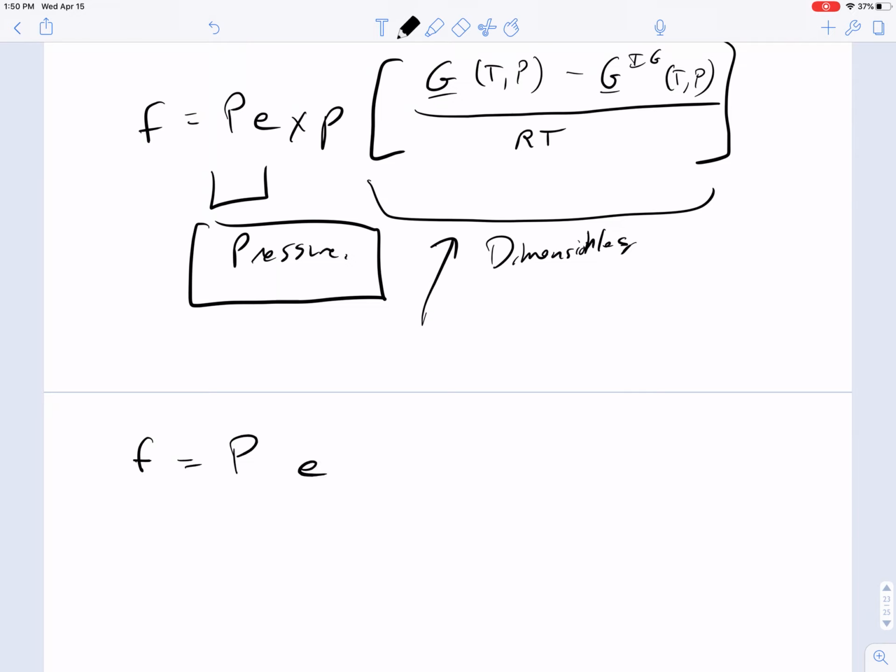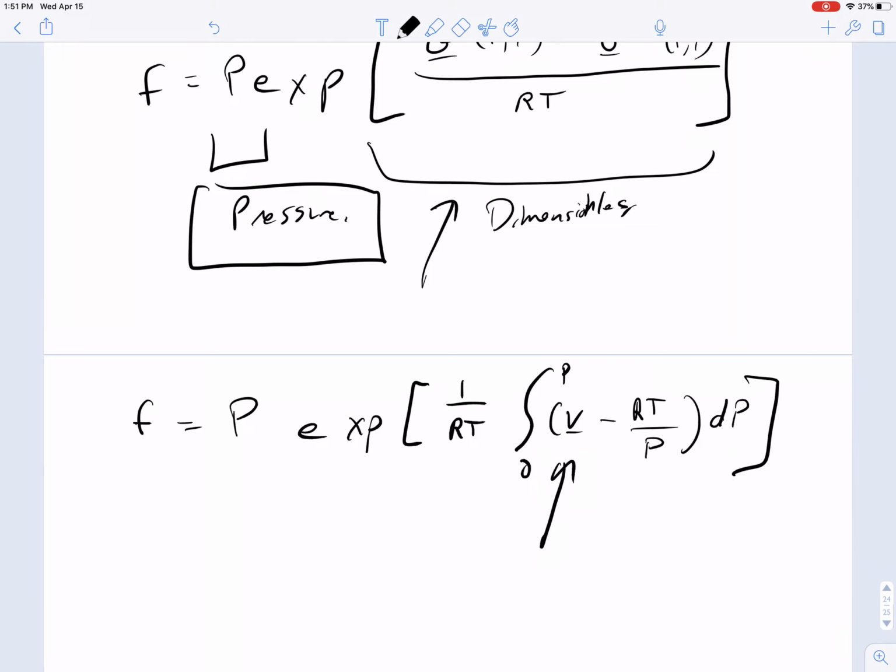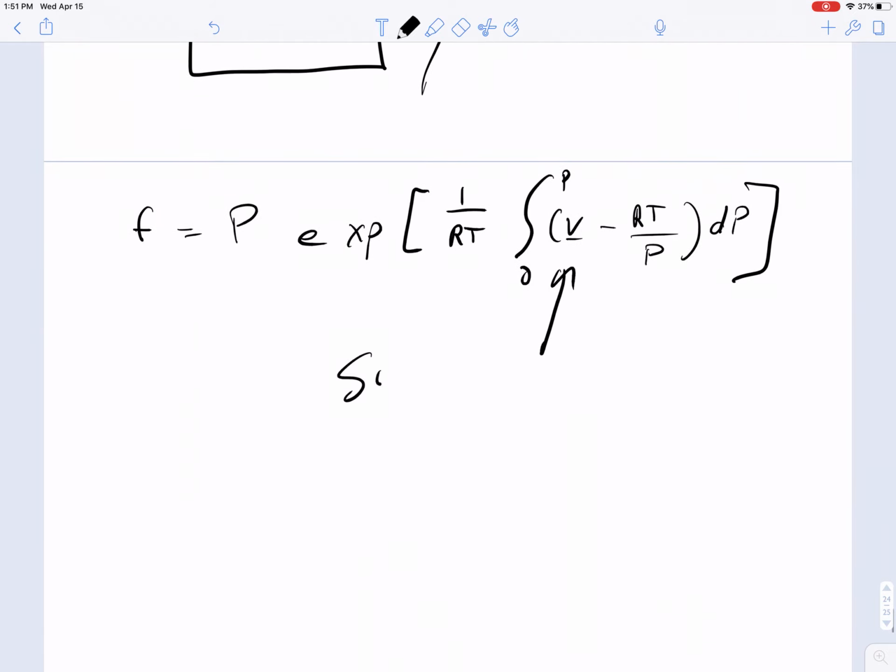So pressure times exp, I'm going to pull the 1 over RT out in front, integral of 0 to the pressure that you're at, V underbar minus RT all divided by P times dP. And of course here, I say sub in your favorite EOS, your favorite equation of state.